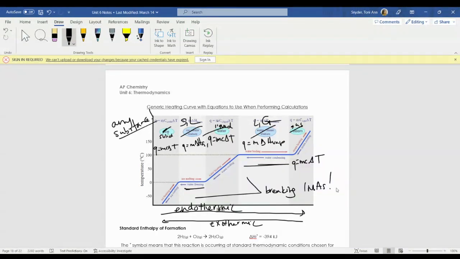That energy is going towards breaking those intermolecular forces rather than actually raising the temperature. So when I'm in the solid state, the liquid state, or the gaseous state, I can raise the temperature. That's why we have a delta T for that.